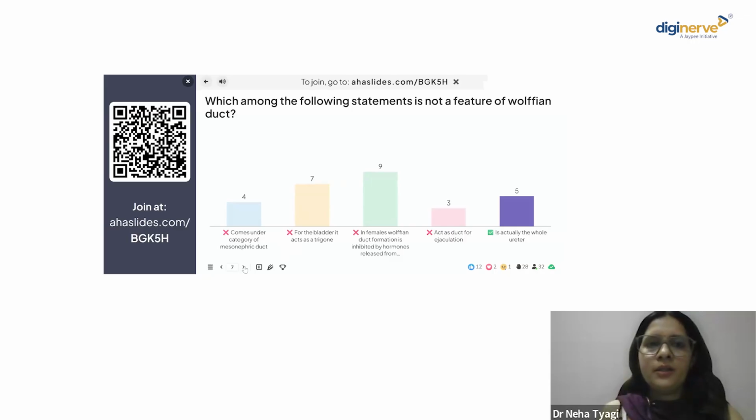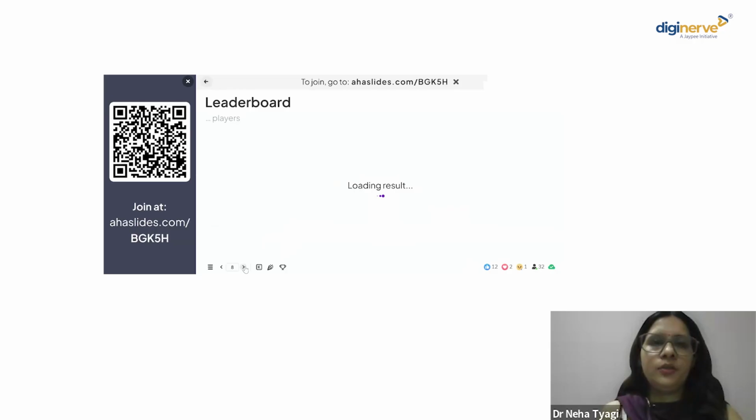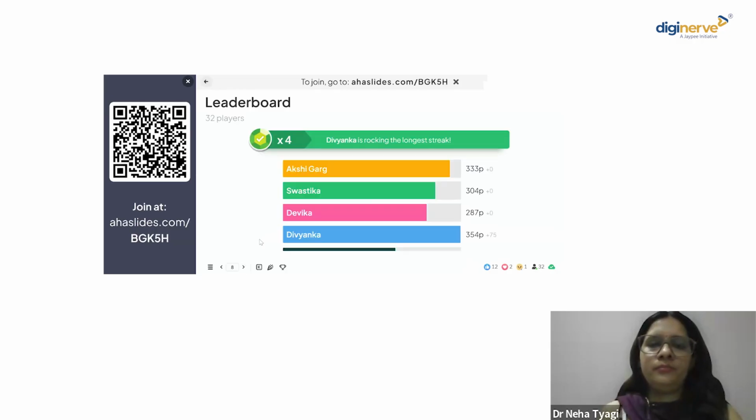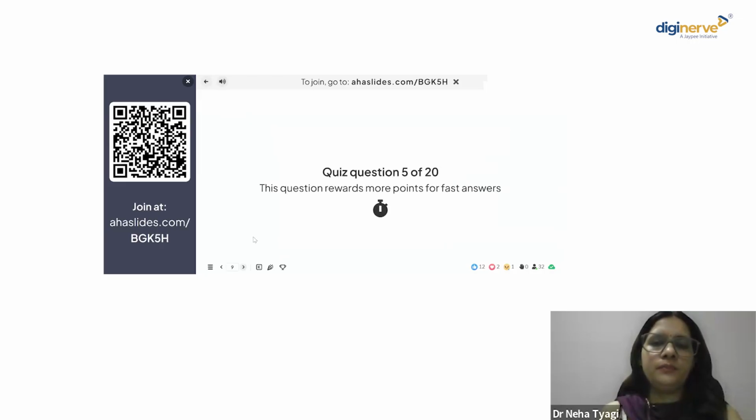So 5 have marked it correctly. This is actually the whole ureter. Let's see the leaderboard. Dr. Divyanka is leading the leaderboard now and is rocking the longest streak. Let's move to the other question.